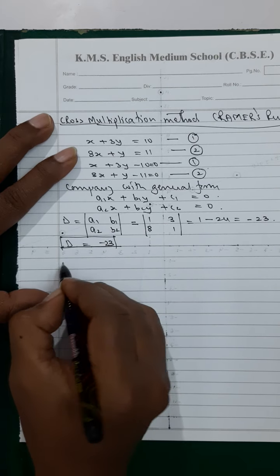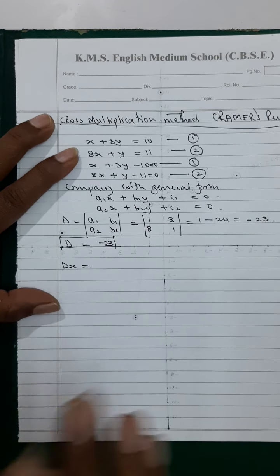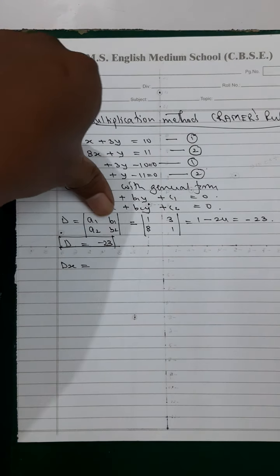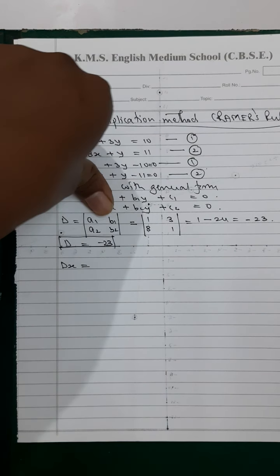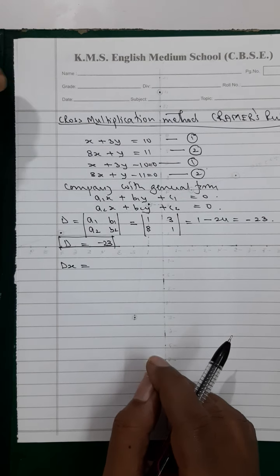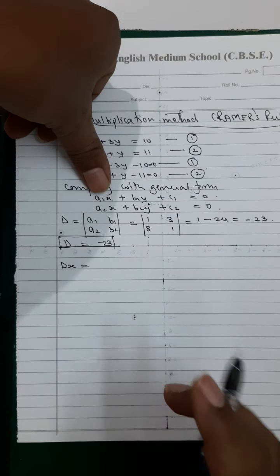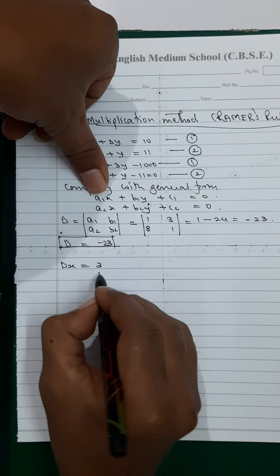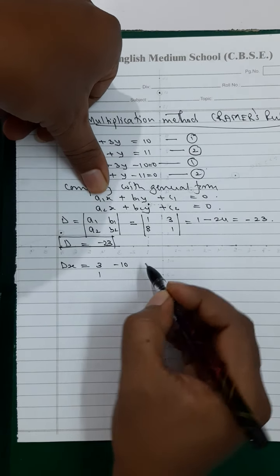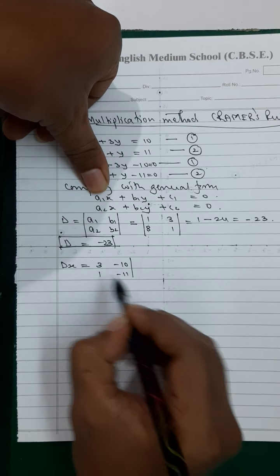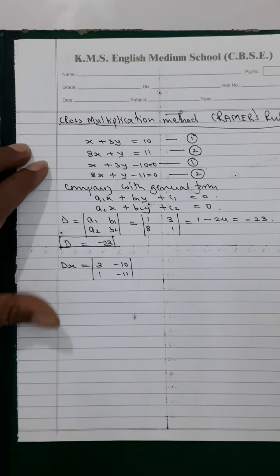Fine. For finding Dx, when the form is this general form, you will not swap the places of b1, b2. What you will do is keep the places the same: 3, 1, minus 10, minus 11. This will be for Dx.